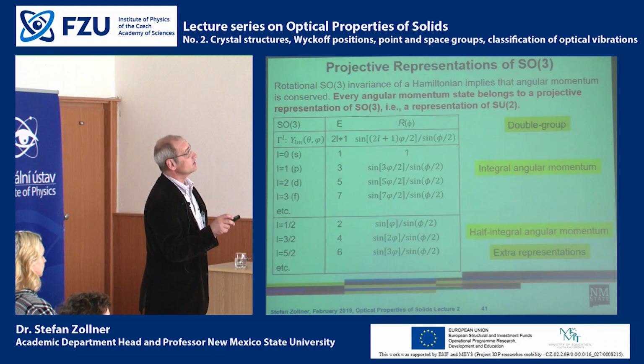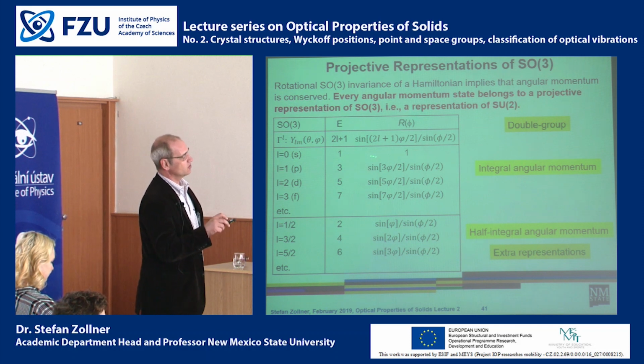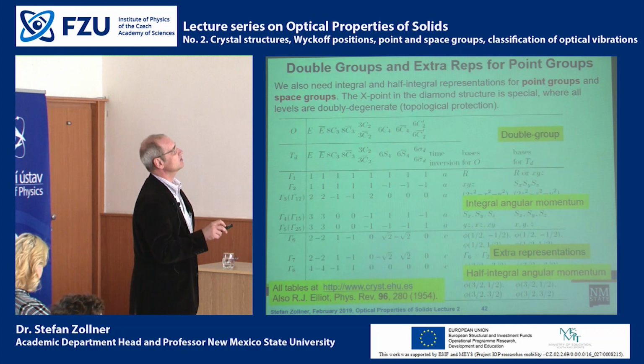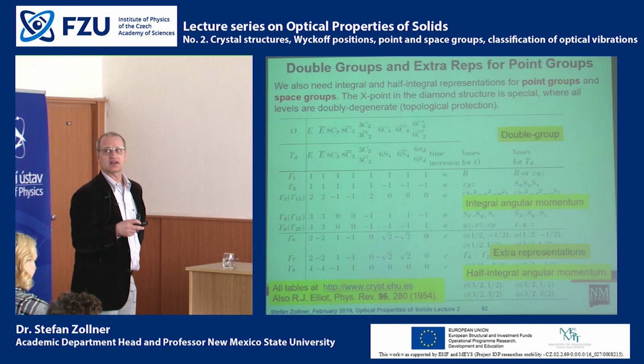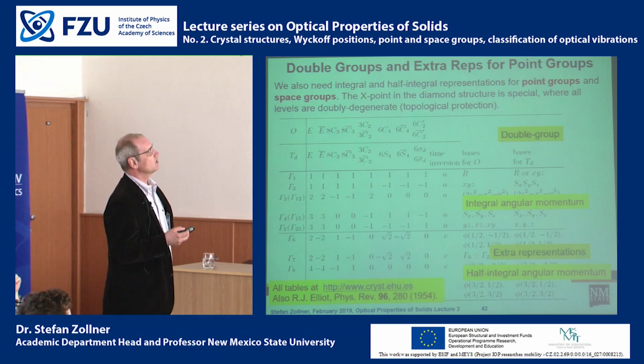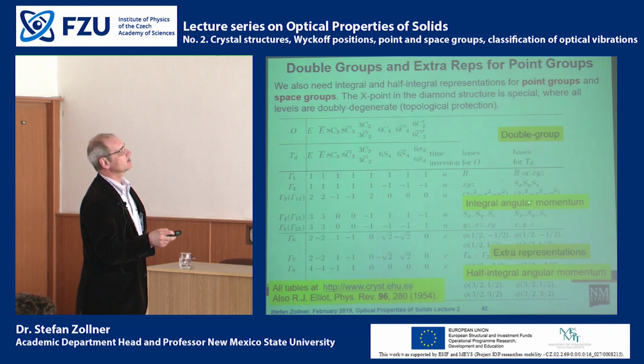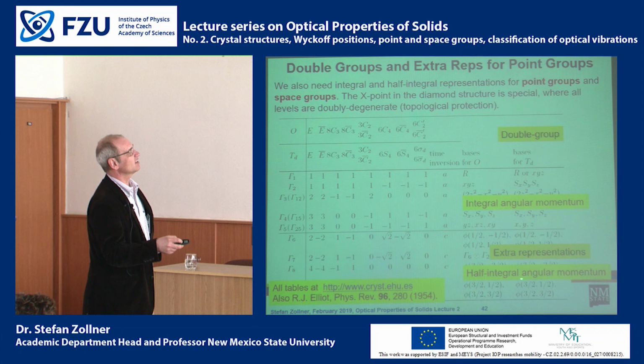Now, this is just regular quantum mechanics of the spin. So now we need to apply this to a crystal. The point groups have rotations. So these are the regular representations of a point group that belong to integral angular momentum. But in addition, if I want to look at fermions in a crystal, I need to find these extra representations which belong to half-integral angular momenta.